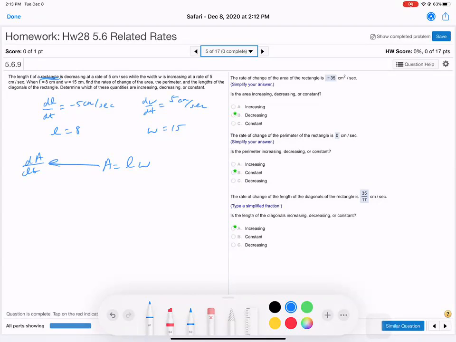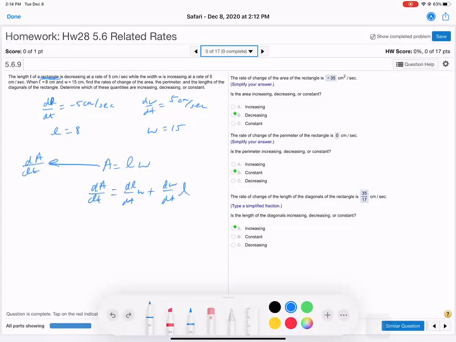Take the derivative. Yeah, so we take the derivative. dA over dt is equal to, by the product rule, dL over dt, leave W alone, plus dW over dt, leave L alone. Now, do we have most of these values? Yes, we have dL over dt right here. We have W, we have dW over dt, and we have L. We have all those values to plug in.